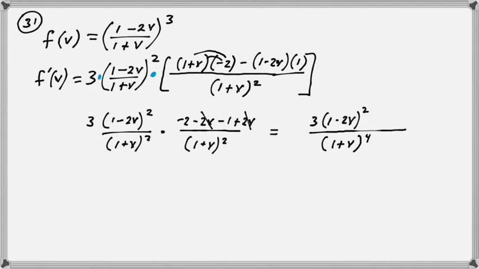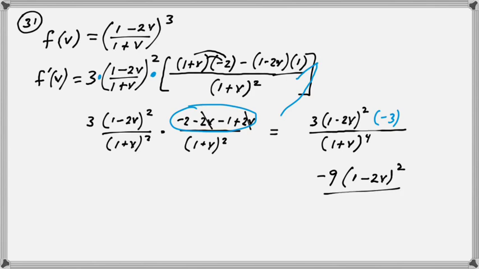Now what does this part become? You get negative 3, I think, right? Is that correct? So it looks like it might be negative 9, 1 minus 2v, quantity squared, divided by 1 plus v, quantity to the 4th.